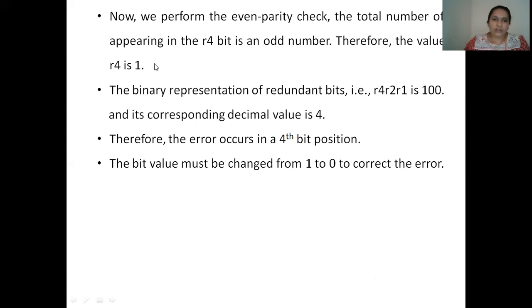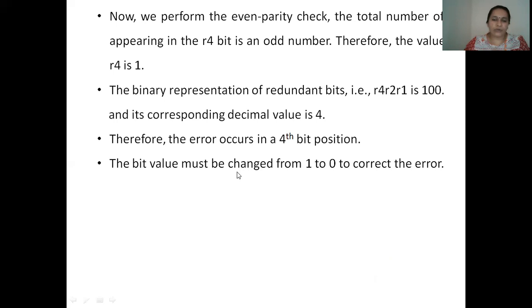Therefore, the value of R4 is 1 and it is identified that the error has occurred in the 4th bit position. The binary representation of redundant bits is 1, 0 and 0 and its corresponding decimal value is 4. This itself indicates that the 4th bit position contains an error.